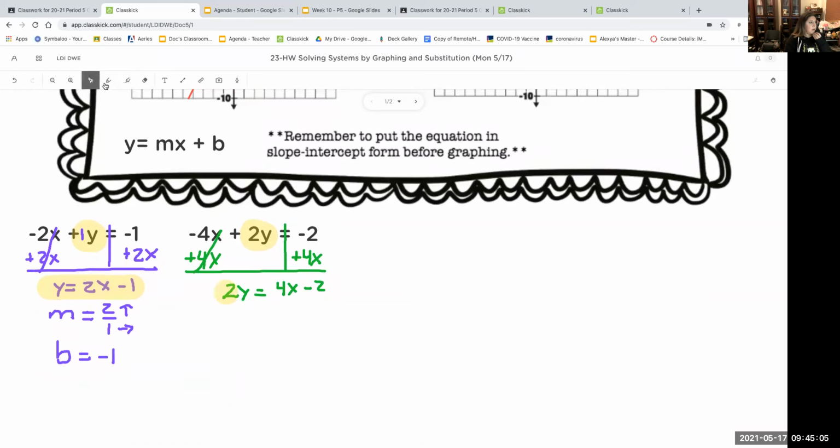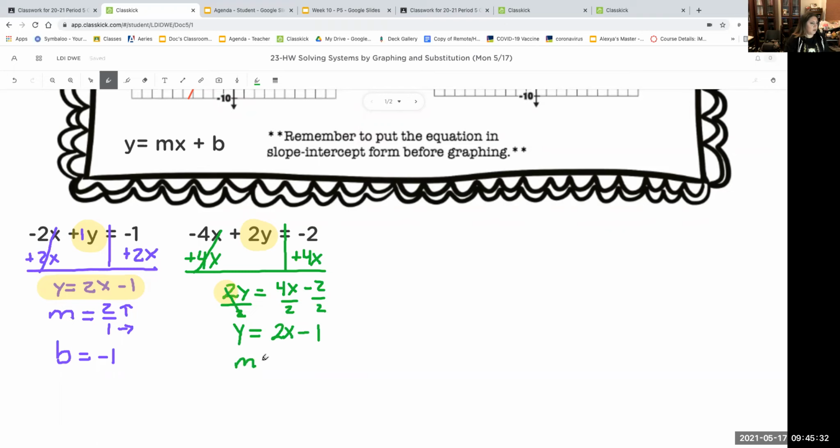How do we get rid of it? By dividing. So we're going to divide not only that one, but these two as well by 2. My 2's go away. Now y is by itself. Equals 2 goes into 4 2 times. Minus 2 divided by 2 gives me a 1.